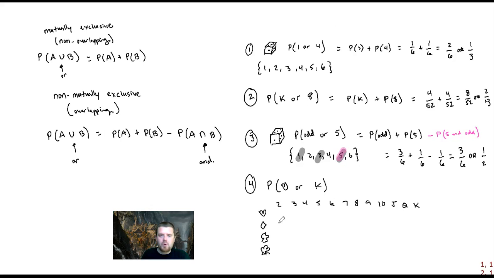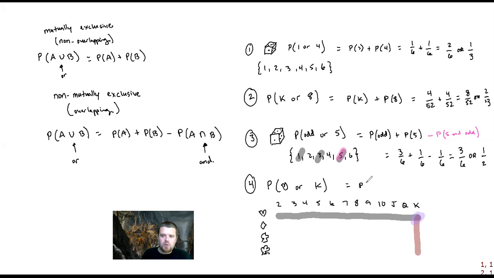So doing the simple probability, the hearts would give you 13 cards because there's 13 in each suit. If you look simply at the kings, there are 4, heart, diamond, spade, and club. But by doing those individually, you're counting the king of hearts twice, which is why when you go to calculate the probability, you need to subtract that overlap.